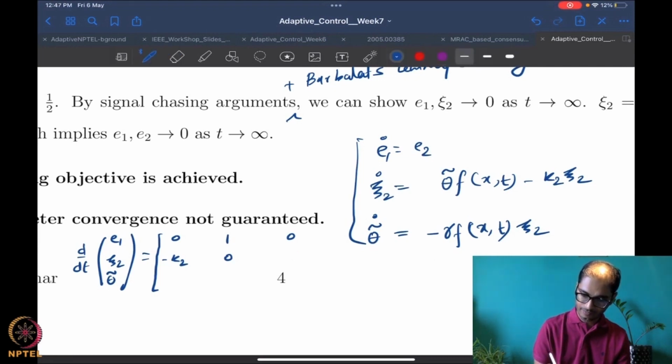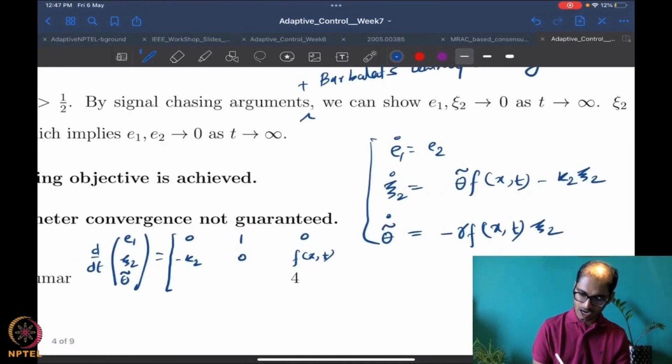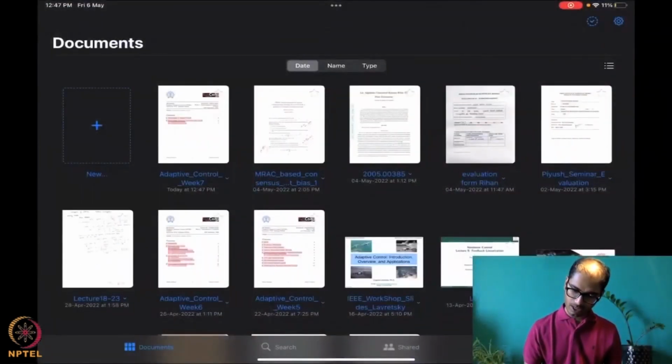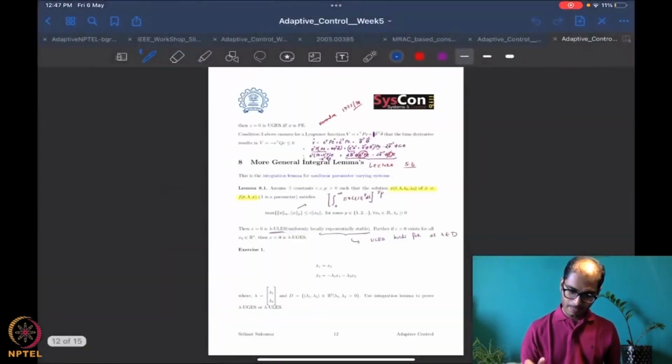This is f x t, and here I have similarly 0, minus gamma f x t, 0, times E1, Psi2, theta tilde. Now after all of this work, it should not be difficult for you to see. Let me look at week 5, maybe we have this.